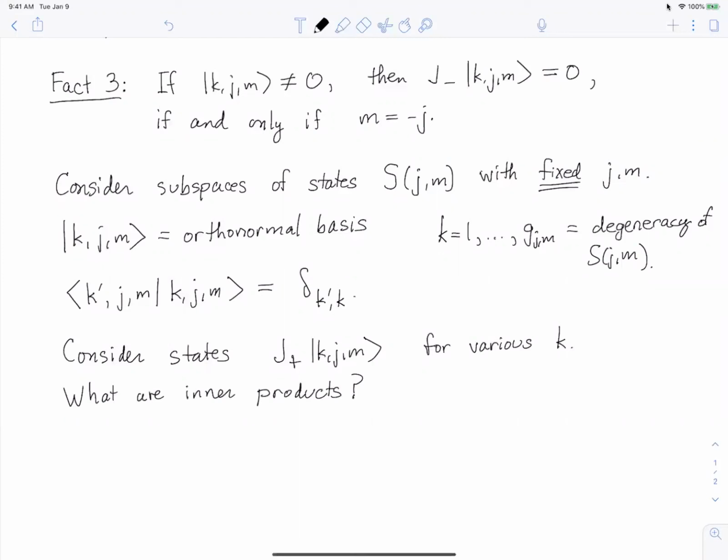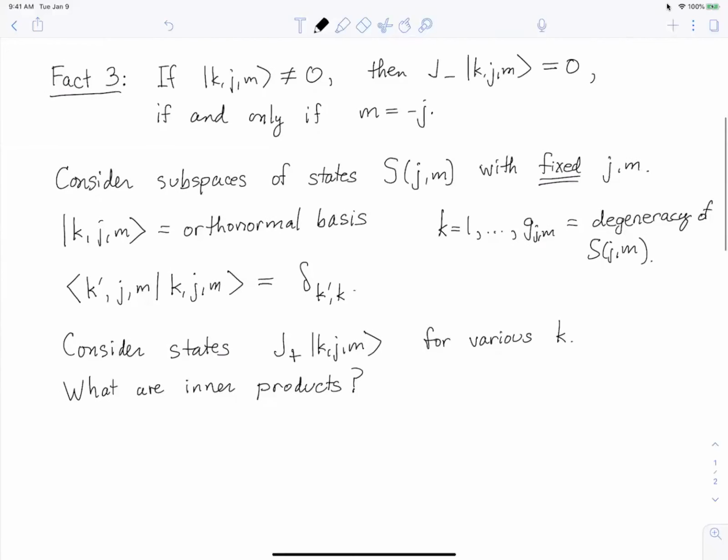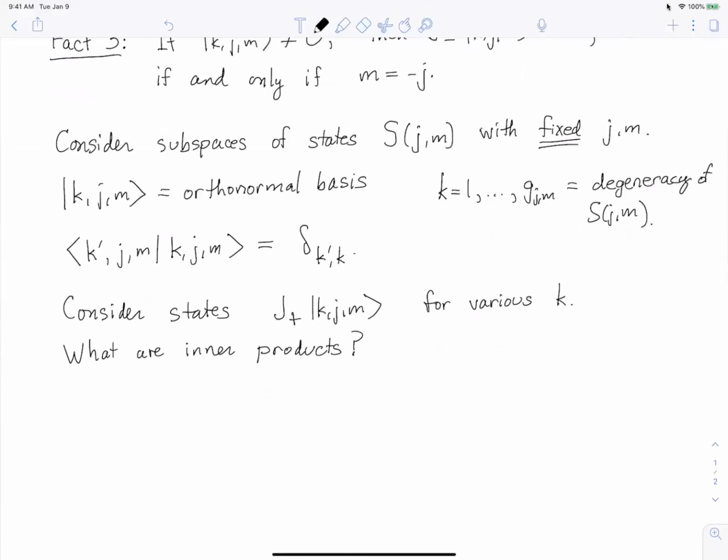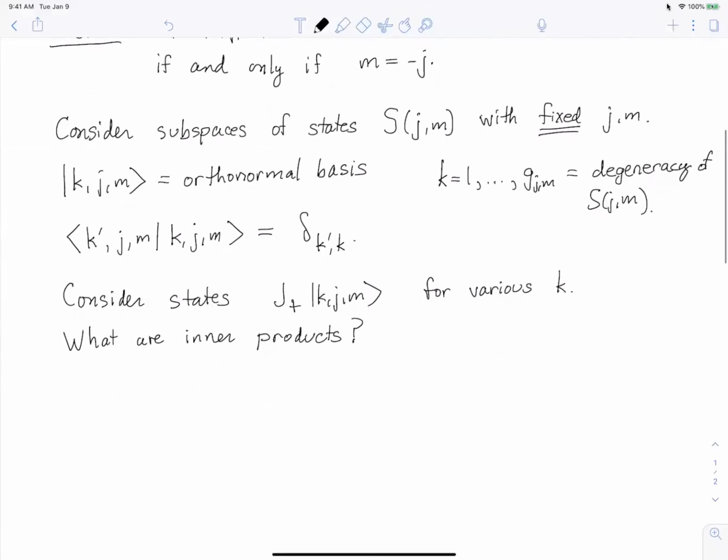So the reason we're asking what the inner products are is that we're aiming towards understanding what the orthobasis is for the whole state space. To consider these inner products, we'll just compute them. So if we have ⟨K'JM| J minus, remember J minus is the Hermitian conjugate of J plus.